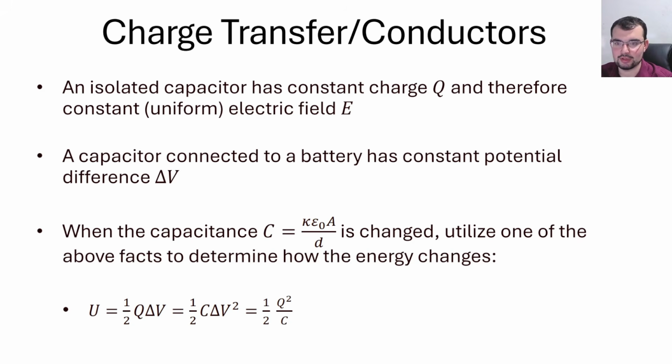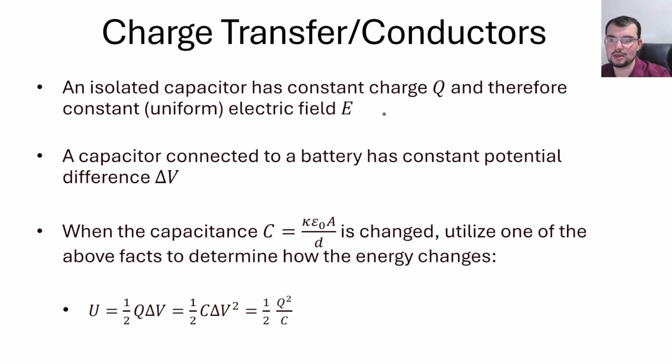And last thing you'll have to do with these conductors is we're really interested in changing capacitance somehow and asking about charge, energy, potential difference, any of that across a capacitor. So remember that if your capacitor is isolated, it has constant charge, right? Isolated means not connected to anything. So where's the charge going to go?